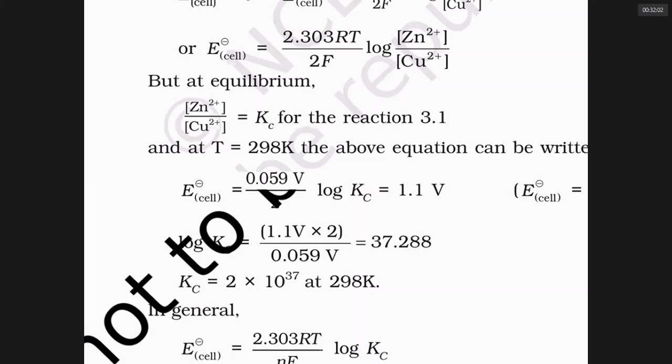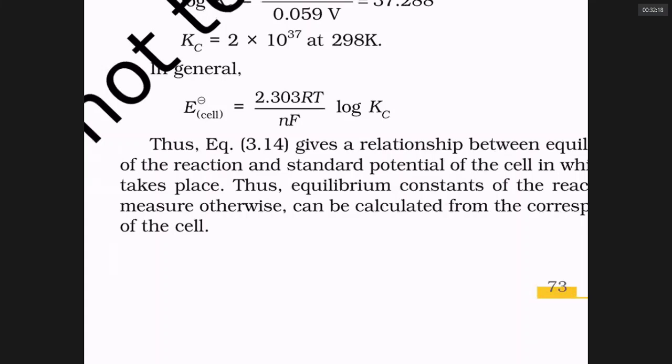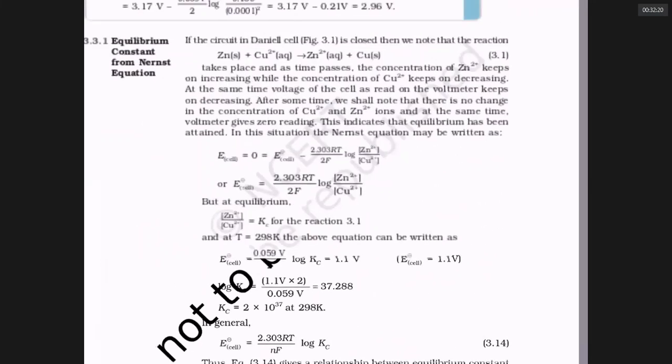From this, you can infer that log Kc is equal to E0 cell into n by 0.059. Therefore, if you know the standard cell potential, you can always calculate the equilibrium constant. This is a very important application.